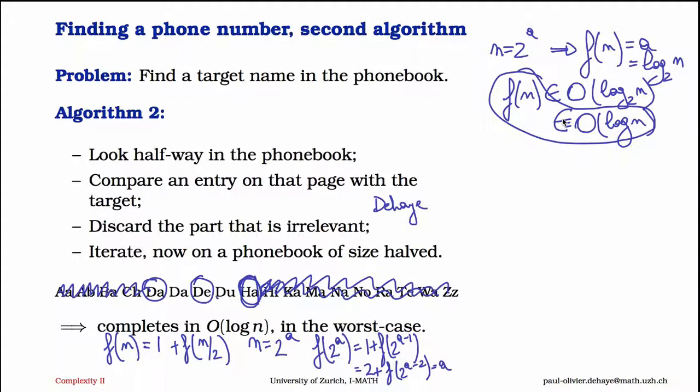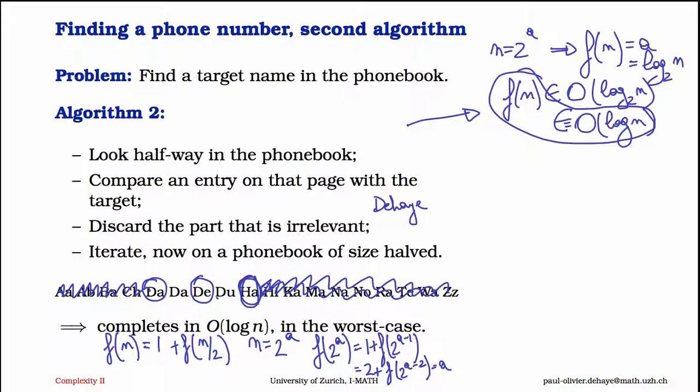This was not very visible for the size of the phone book that I had. I couldn't have a much bigger phone book on my slide. But if you had an actual phone book of the size of the city of Zurich, you can immediately see the advantage. You're naturally already performing this algorithm, but in practice, if you were to use the previous algorithm with a real phone book, you would never find the name.